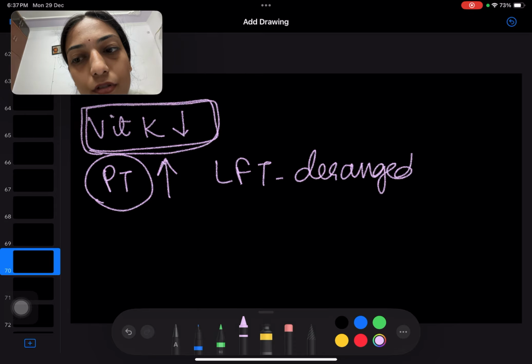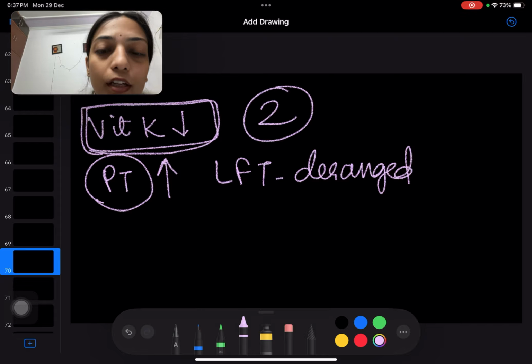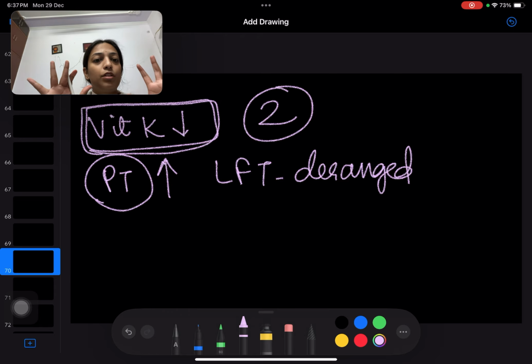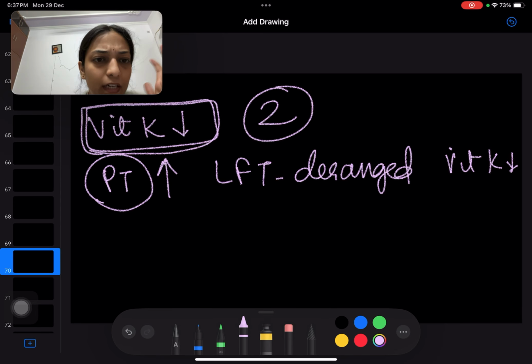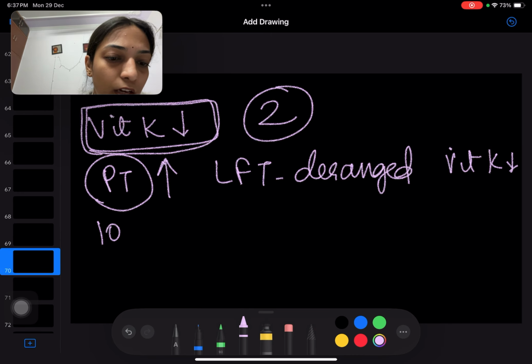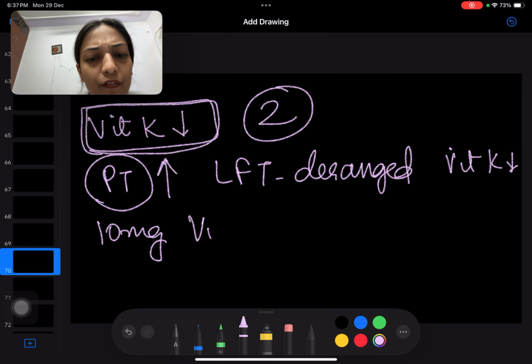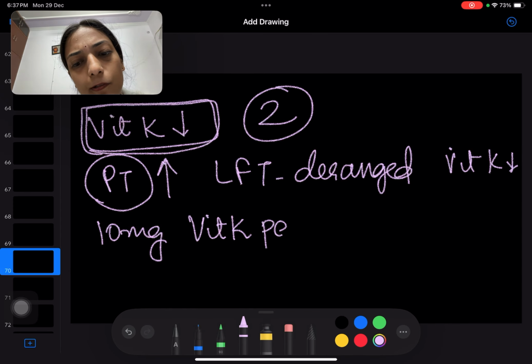let's take this, no? You have two patients, right? Both of them have the same situation. Prothrombin time is raised, LFT is deranged, and that is why the levels of vitamin K are low, right? Or you can say that 2, 7, 9, 10 are reduced. Now what you will do, to both the patients, you are going to give what? 10 mg, 1 ampule basically, vitamin K parenteral.